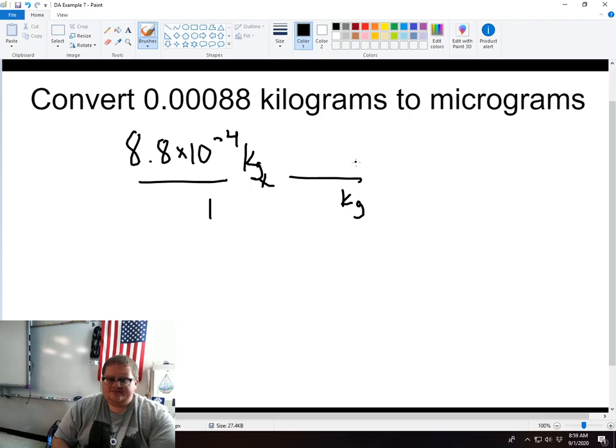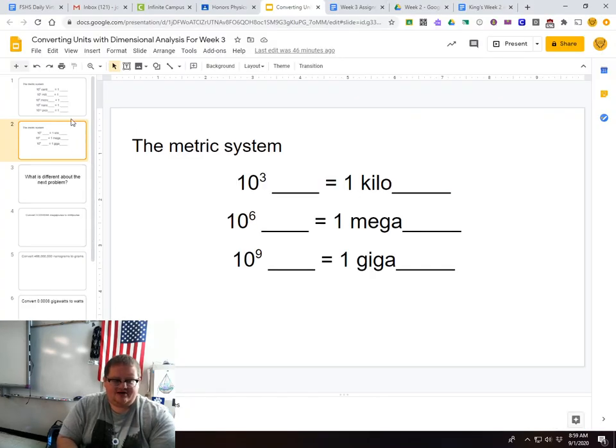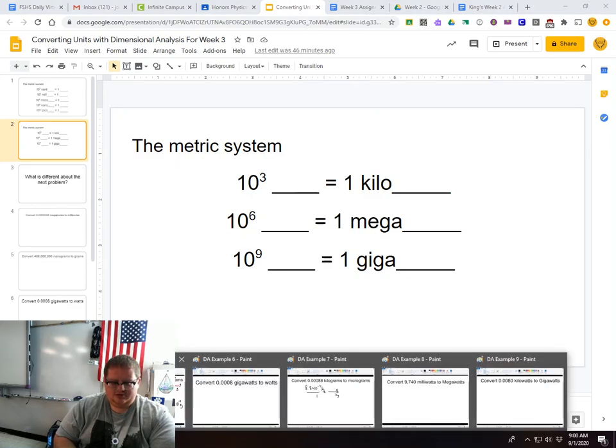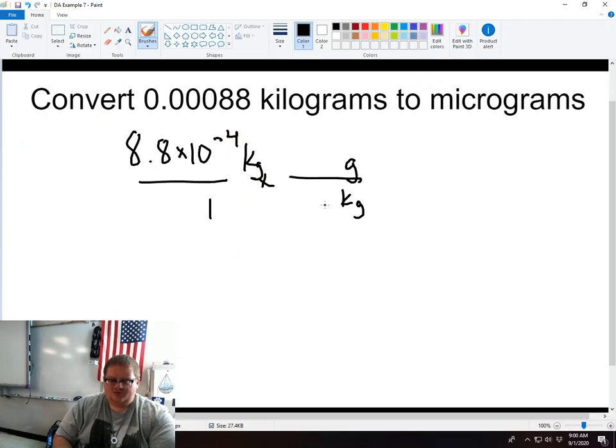I'm going to go from kilograms to the base unit, grams. And again, that's what you have when you look it up right here. It says 1 kilo, again, the blank in this problem is gram, equals 10 to the 3rd grams. So that's 1 kilogram is 10 to the 3rd grams.